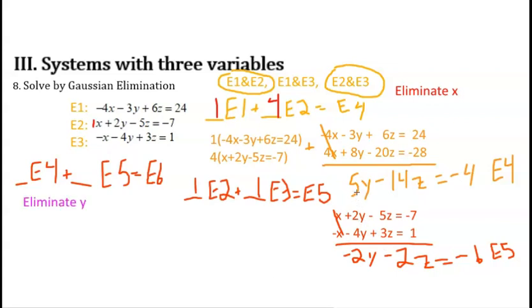So to eliminate y, we want these two to cancel, the 5y and the negative 2y. So we'll multiply the first equation by 2 and the second equation by 5. So we have 2 parentheses the first equation here, E4, and then 5 parentheses the second equation here, E5. We'll distribute the number into all the terms here, even the one on the other side of the equation.